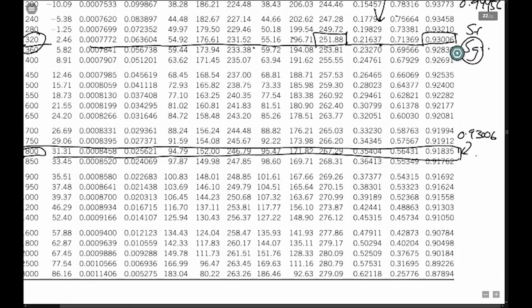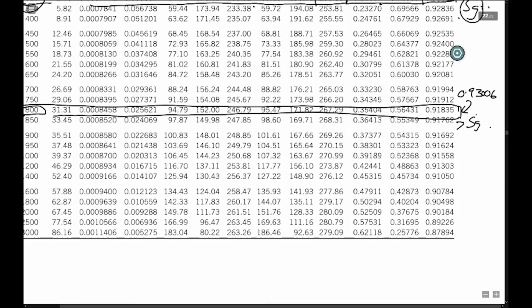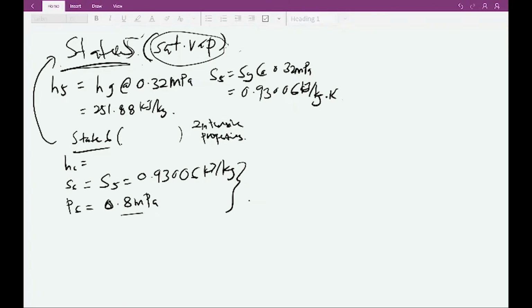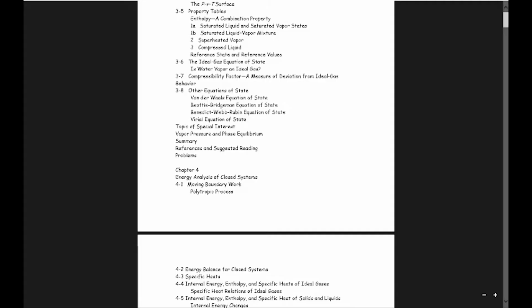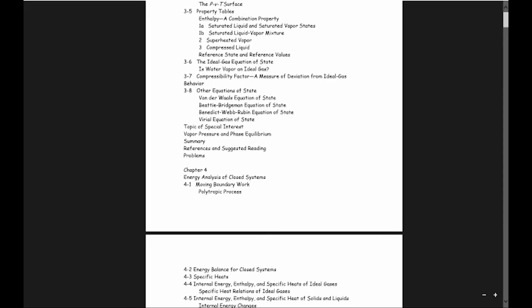So it means our state name is superheated vapor, so I'm writing here superheated vapor.